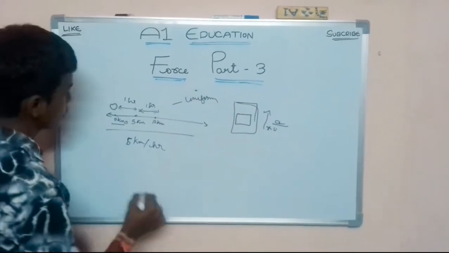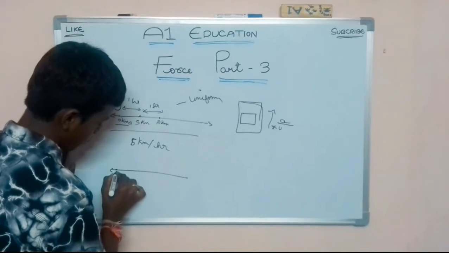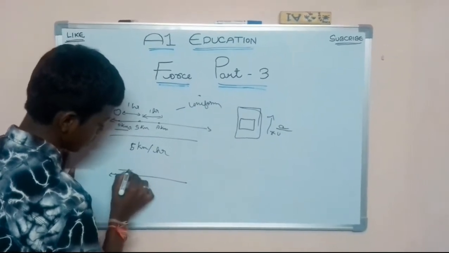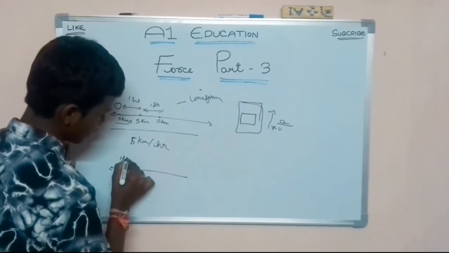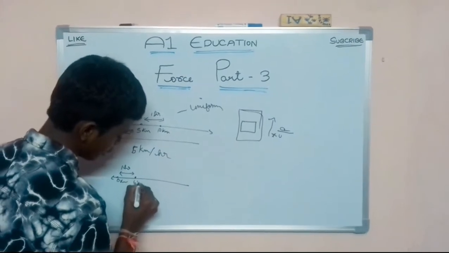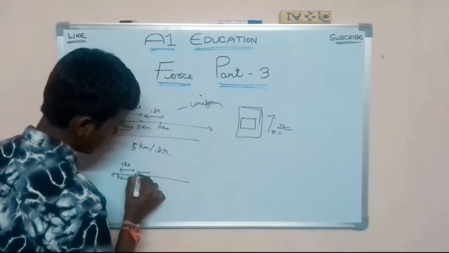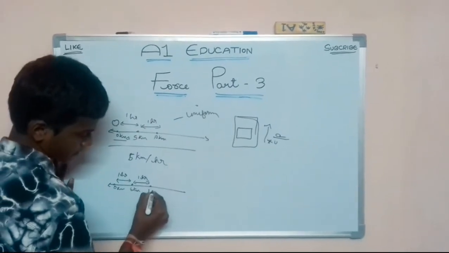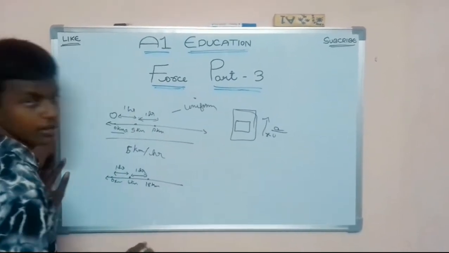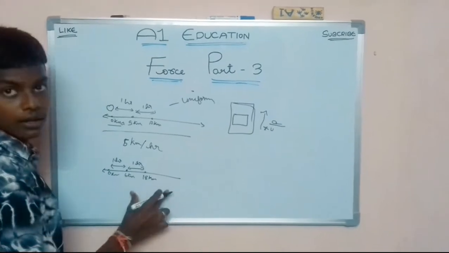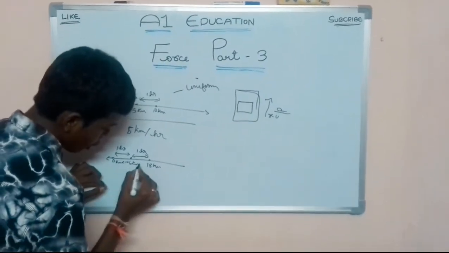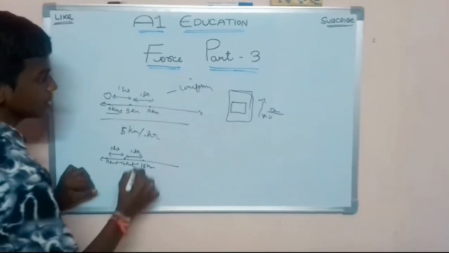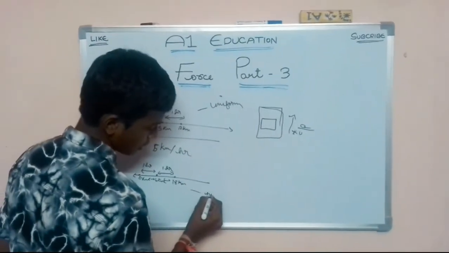What is non-uniform motion? You started at a point at 0 kilometers. After 1 hour, you are at 6 kilometers, and after another hour, you are at 18 kilometers. Here, your speed keeps changing in non-uniform motion. So this is called non-uniform motion.